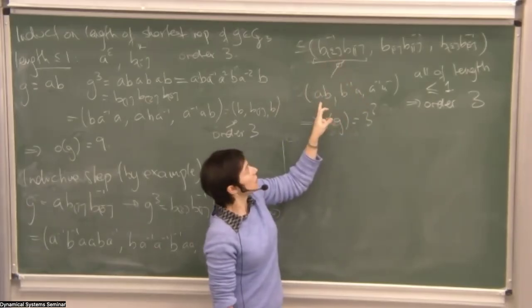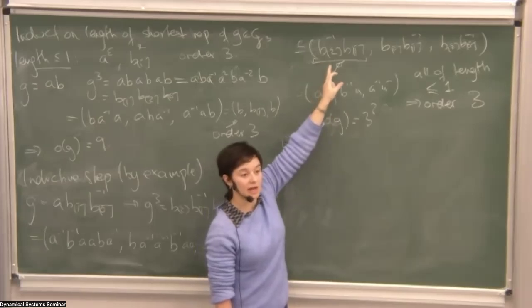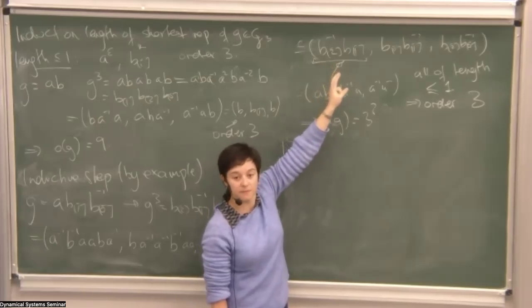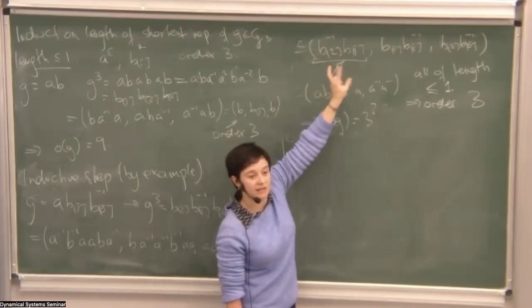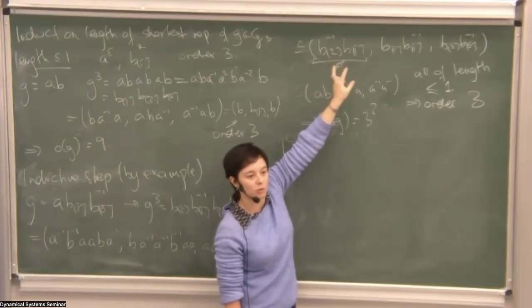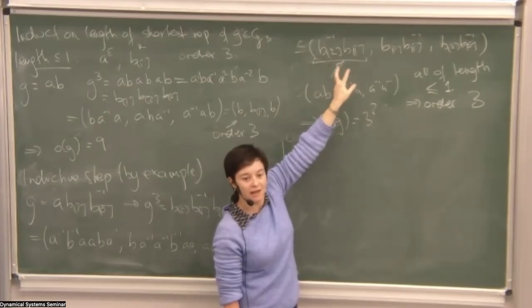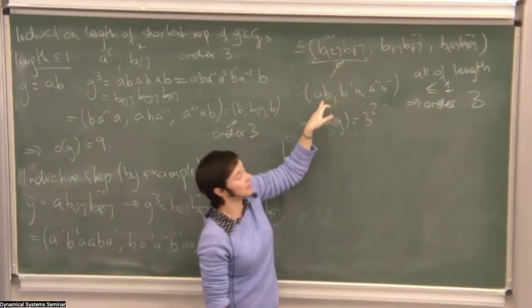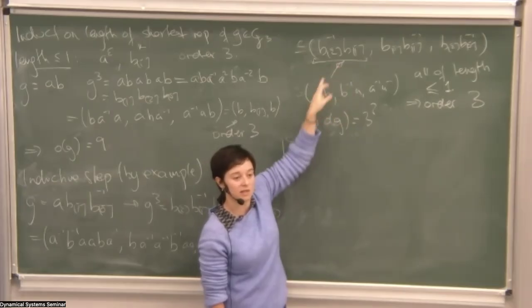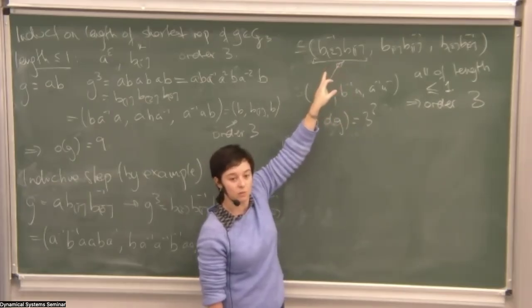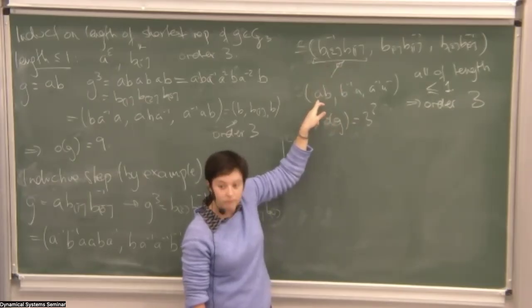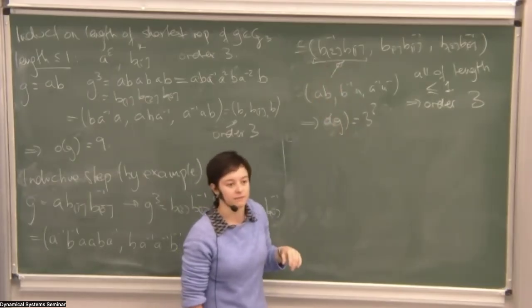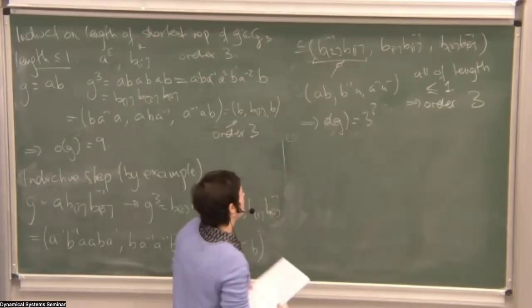Well, to each coordinate, it only contributes at most half of the B's. Because the worst thing that could happen is that this is an alternating word, B2, B1, B2, B1, B2, B1. And so in this coordinate, the only B's I will see will be the ones that come from B1. The B0 only contributes a power of A. So that reduces the length. And that's the idea of how to prove this.